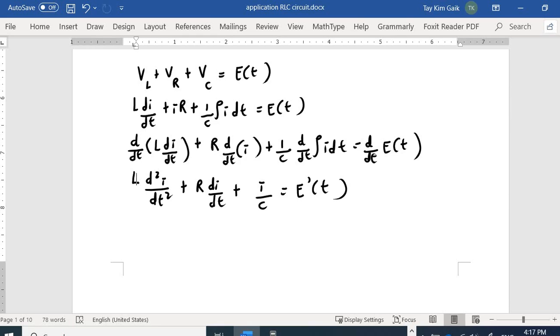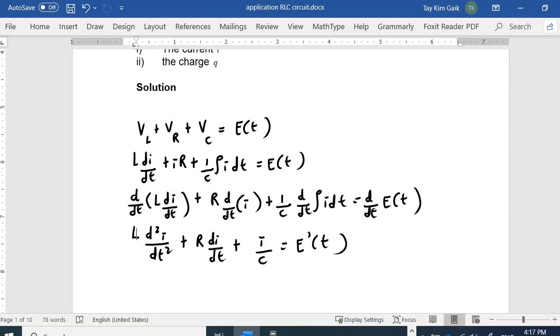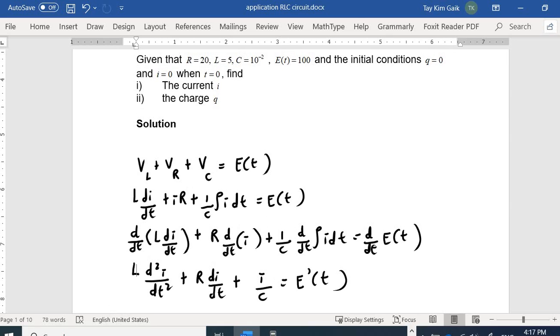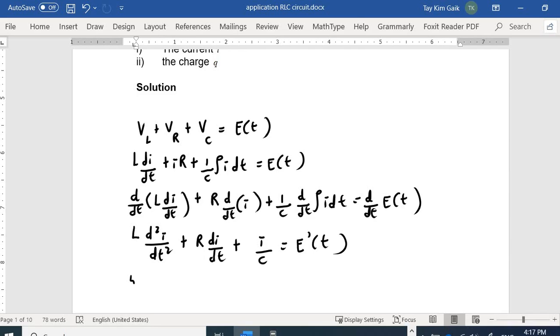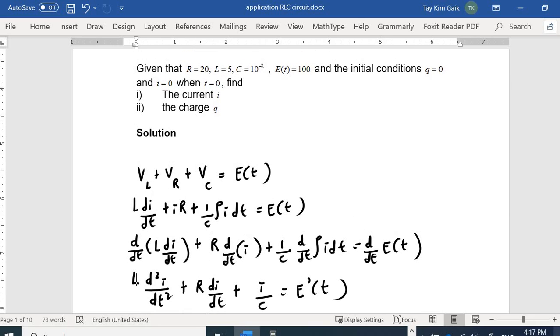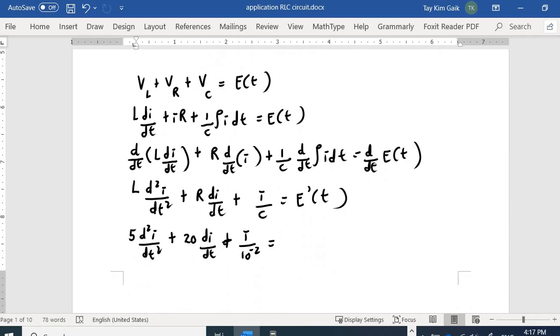Now we can plug in the R, L, C and the E(t) values. R is 20, L is 5, so 5 d2I/dt2, R is 20, so 20 dI/dt, plus I over 10 to the power of negative 2, E(t) is a constant value 100, so differentiate 100, we have 0.